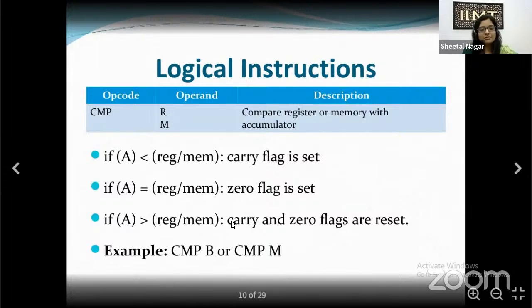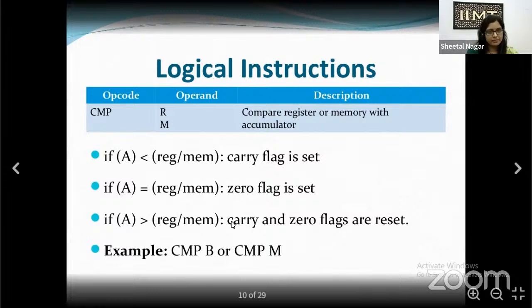If we have 04 in the accumulator and 03 in register B, and after that I execute the instruction CMPB, then both the carry flag and the zero flag will be reset. Means no flag will be set. But after the compare instruction, there is no change in the contents of the accumulator and register B.